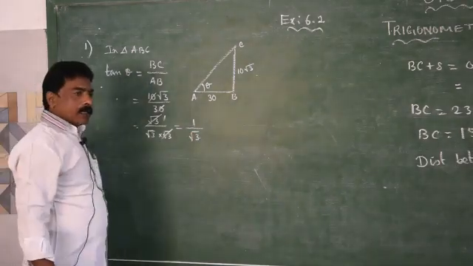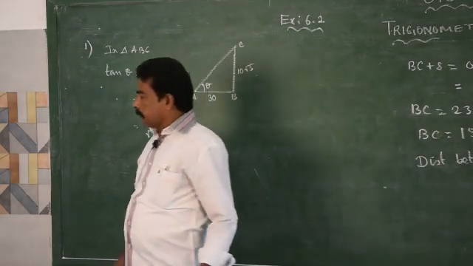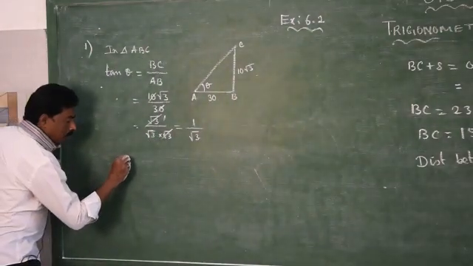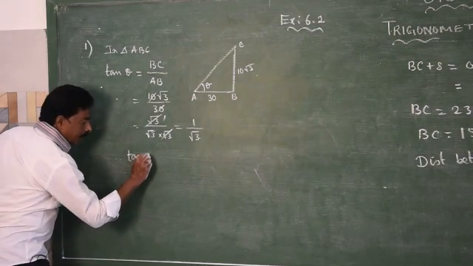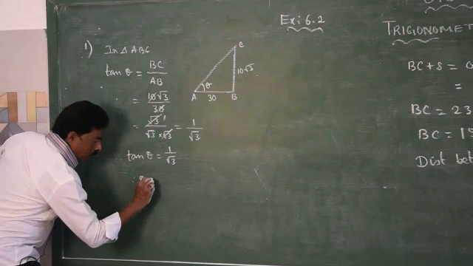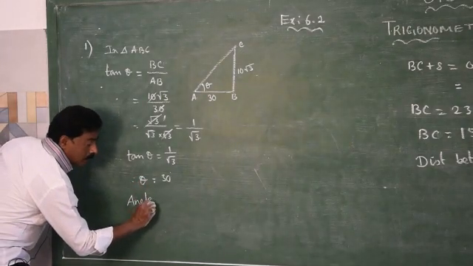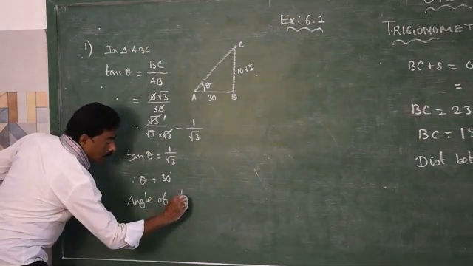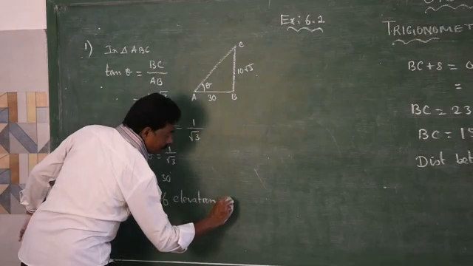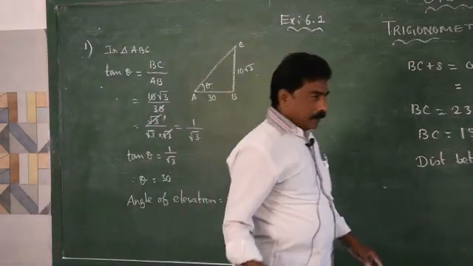In which degree are we getting tan as 1 by root 3? That is 30 degrees. So tan 30 is 1 by root 3. Therefore, tan theta equal to 1 by root 3, so theta equal to 30 degree. What is the angle of elevation? The angle of elevation is 30 degree. The next sum.